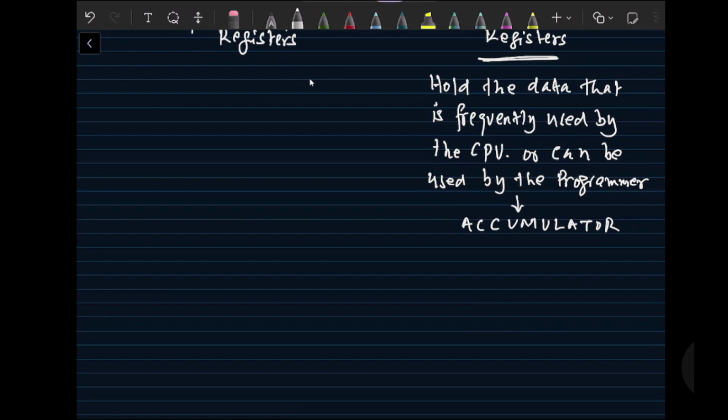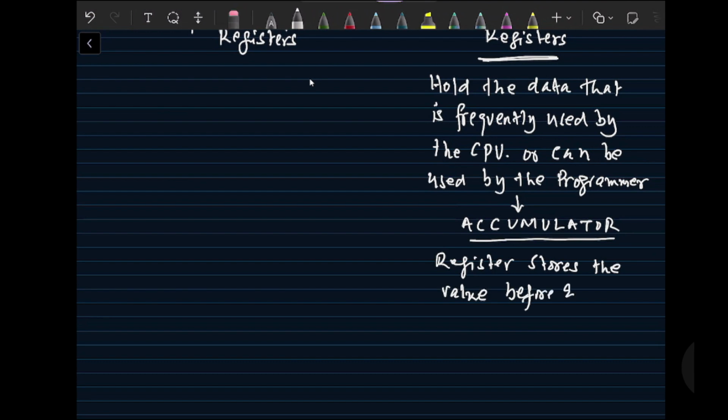And what this accumulator register does, this register stores the value before and after the execution of instruction by the ALU.